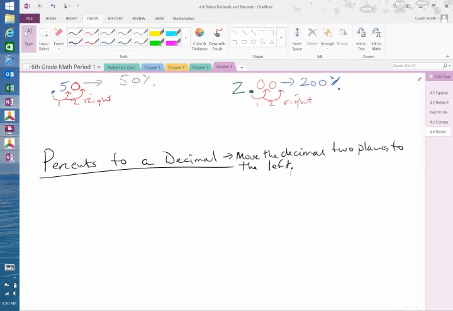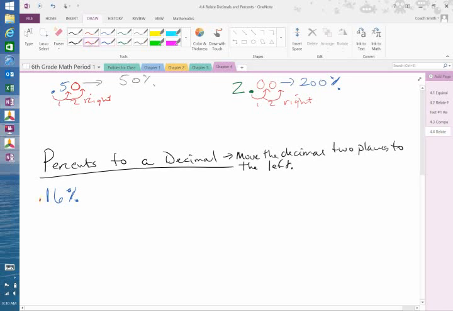So, for example, 16%. First of all, we have to understand where the decimal is in the number 16%. It's obviously not on the screen, but where do we assume that the decimal is in every number that doesn't have one?